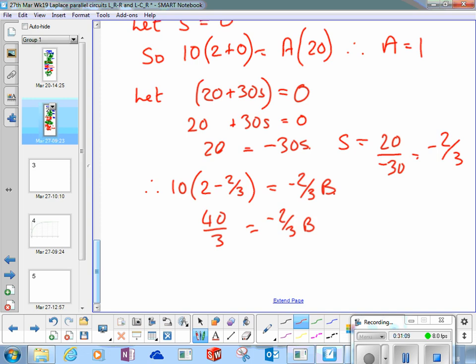B is equal to 40 over 3 divided by minus 2/3, which is 40 over 3 times minus 3 over 2. Turn that bottom fraction upside down like we've been doing.